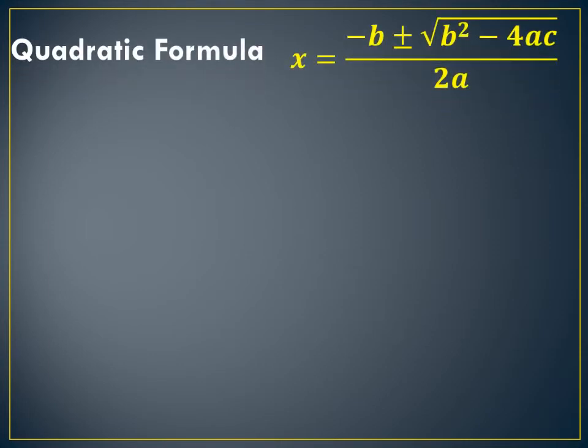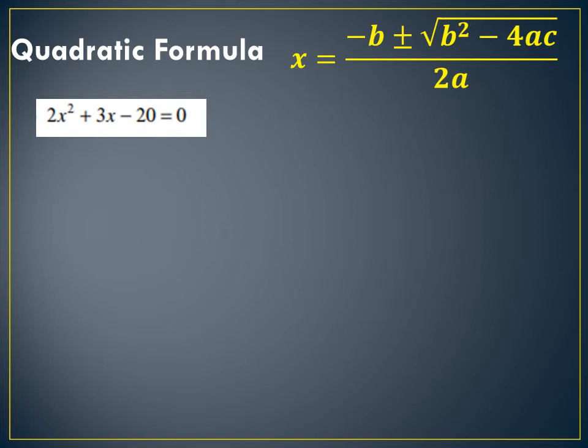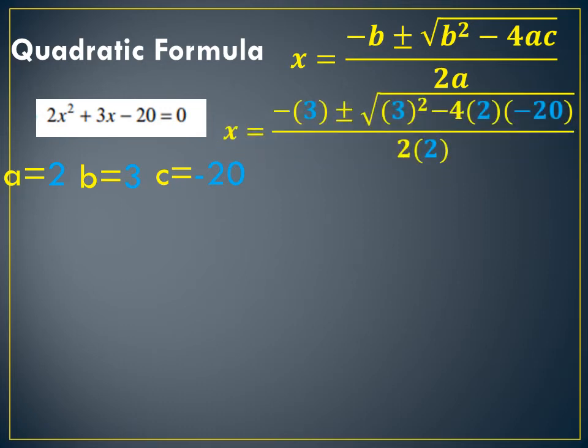Again, this is your quadratic formula. So how do you solve for 2x squared plus 3x minus 20 equals 0? Our a, b, c are 2, 3, and negative 20. We will substitute each of the letters in the quadratic formula.